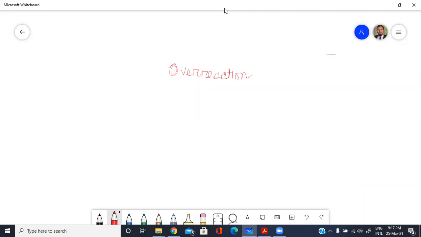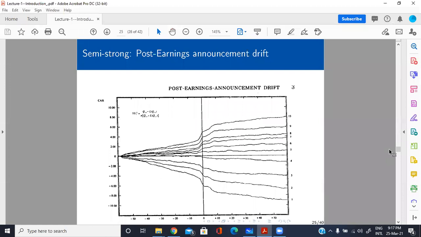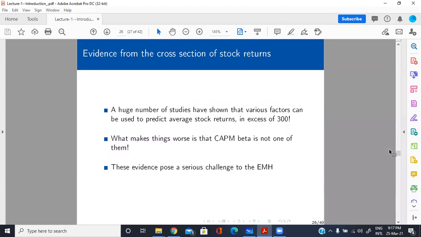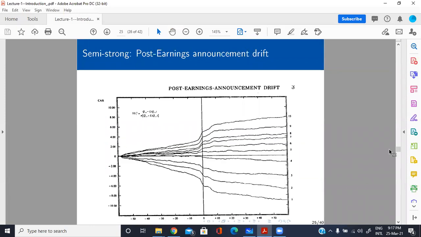People tend to overreact to positive events, and people also tend to overreact to negative events. And how long does it continue? It continues for several months. Okay, let's continue. What are other pieces of evidence which show that the market is not as efficient as expected?